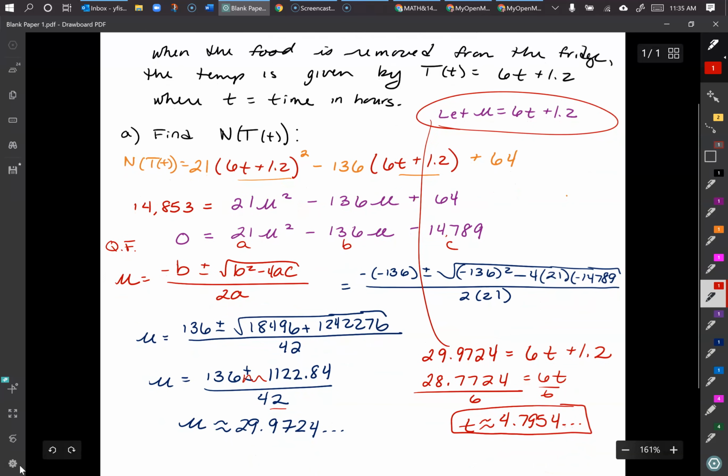When I plug in my answer into Open Math, I rounded. You could put in 4.795. I even just put 4.79 and that worked. But it should be 4.8, so let's see if 4.8 works.